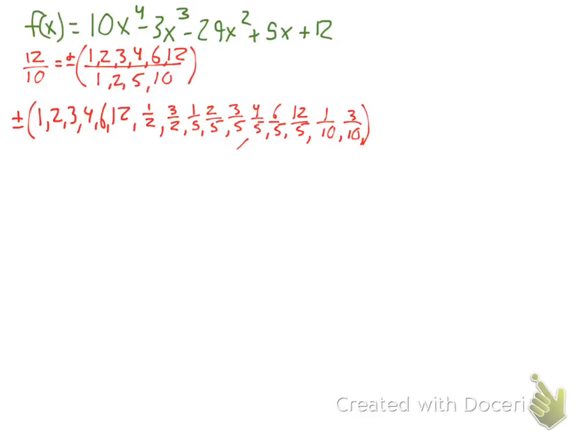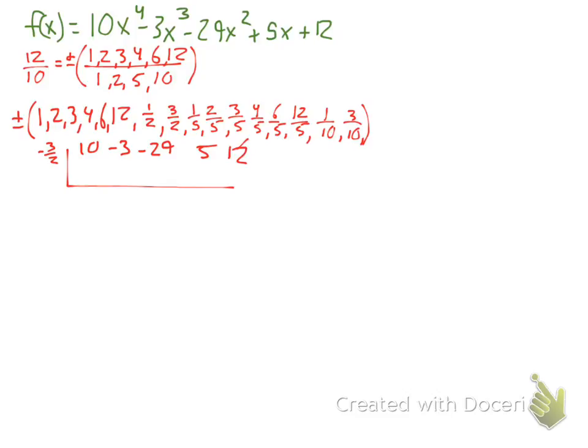Now, we're all going to do this together. We have the answers already, so let's pick one here that does work real quick. 10, negative 3, negative 29, 5, and 12. And we find that negative 3 over 2 works.